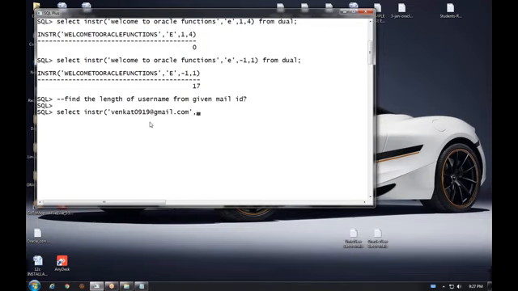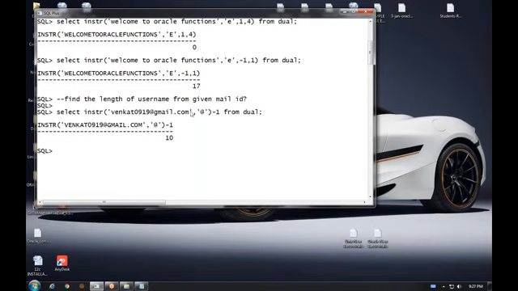Find out the @ symbol position. You are finding the place value of @. The place value is 11 actually. Minus 1 means I don't need the place of @, I need up to before @. Then you will get the username length.